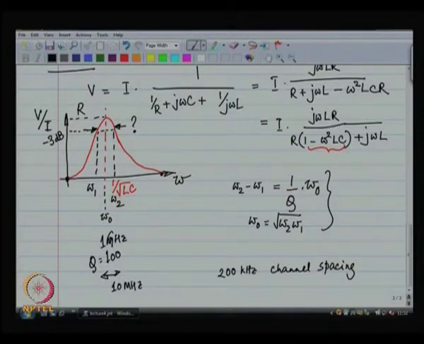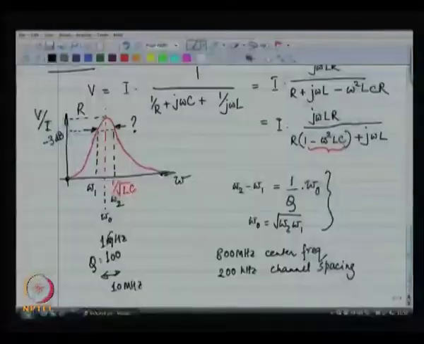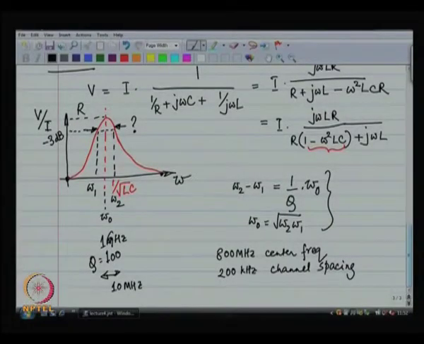The center frequency is let us say 800 megahertz. If you are asked to design a circuit that can resolve 200 kilohertz channel spacing at a center frequency of 800 megahertz, then what is the quality factor that you need?